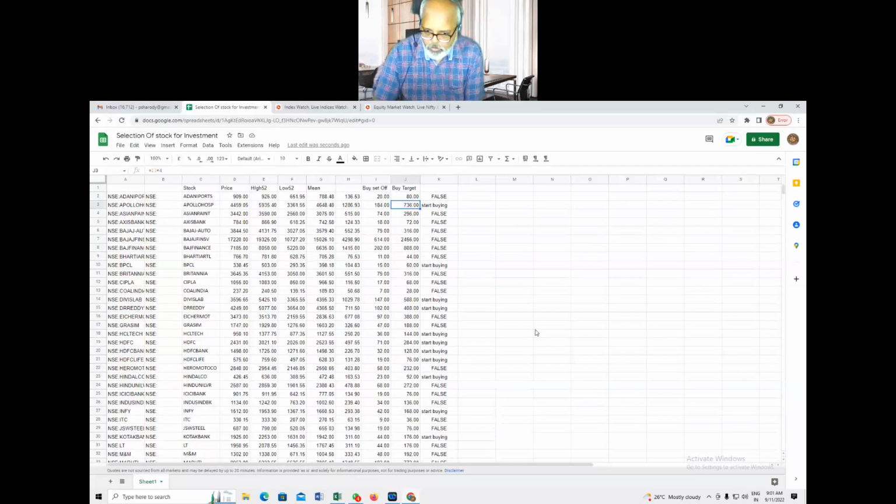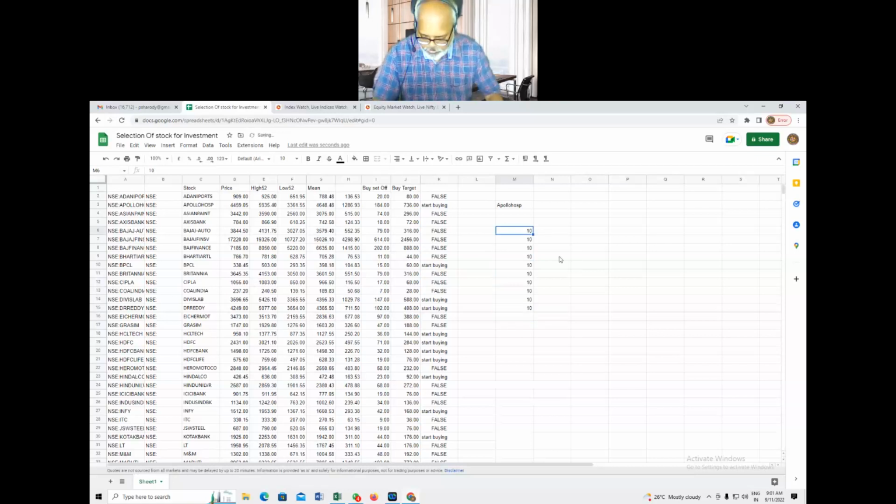Now there is one more thing: how to decide the quantity that I want to buy. For example, suppose I plan to buy Apollo Hospital. The logic that we have to use is that I will be buying in 10 steps, numbered 1 to 10.